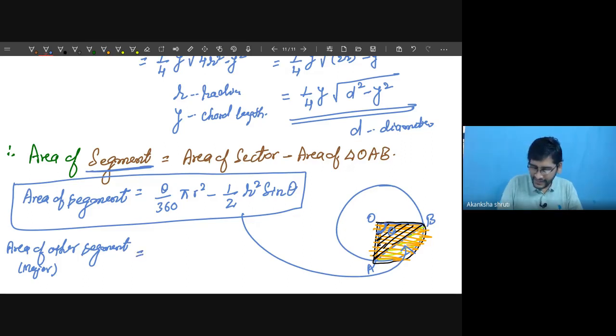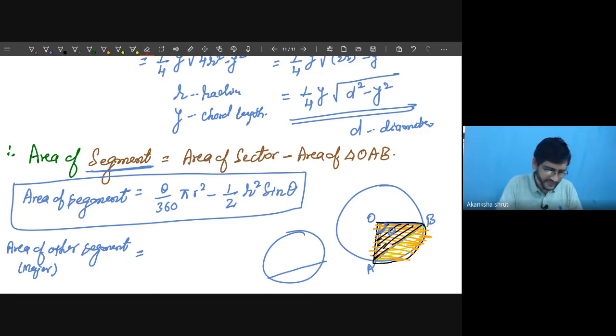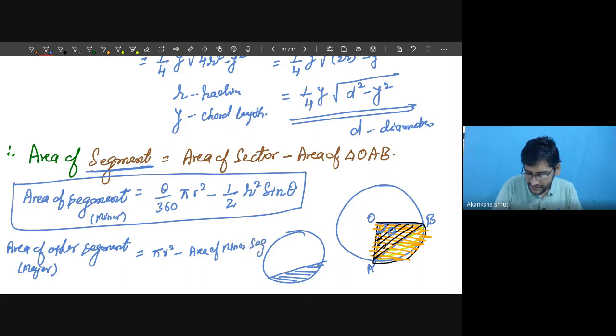The entire area is pi r square, and in this entire area we have already calculated this much area. So this white area is obtained by pi r square minus the area of the minor segment. Let me call this the minor segment.